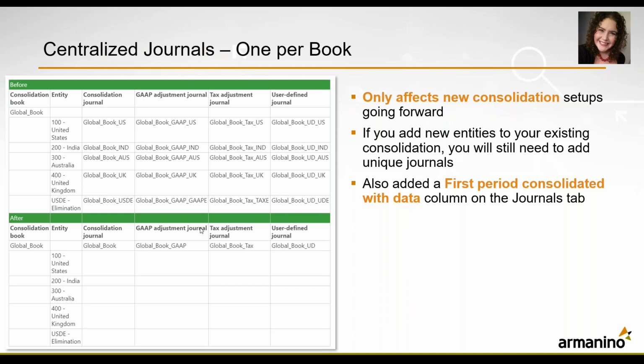So if you are adding new entities, either because you just started them up or because you did an acquisition, you can now merge those entities in and see when each entity had data for the first time right from the consolidation page. Definitely an ease of use enhancement rather than trying to figure things out by going through old journal postings.